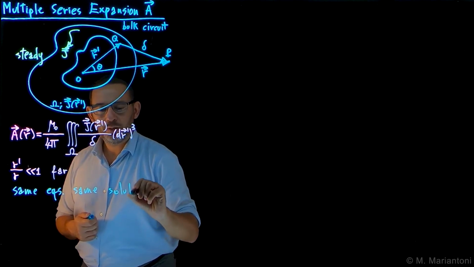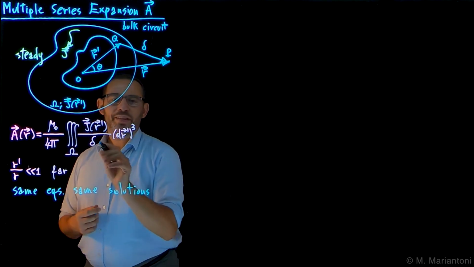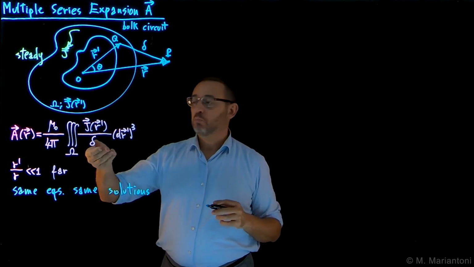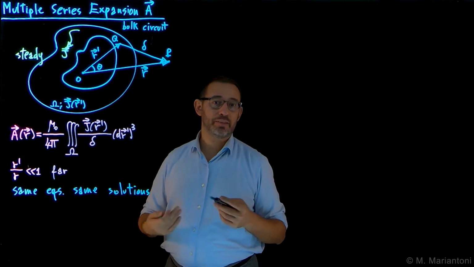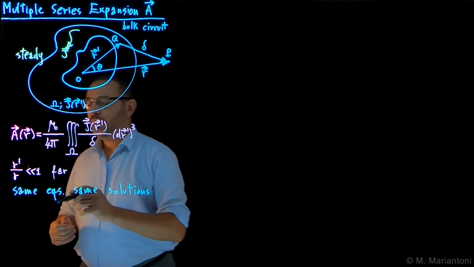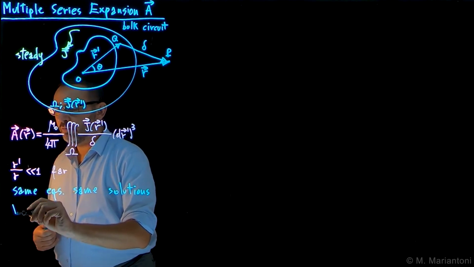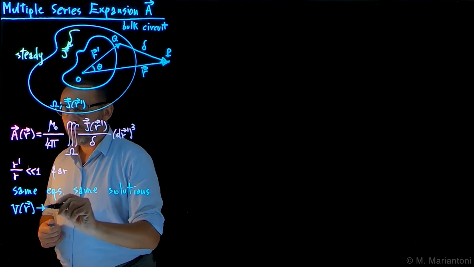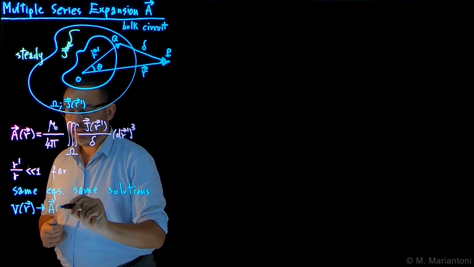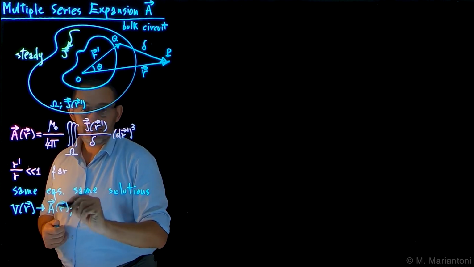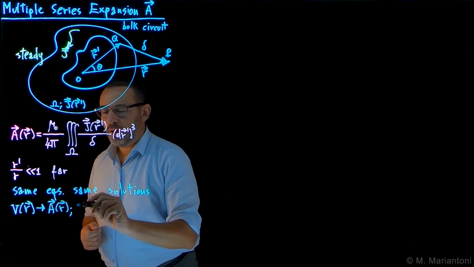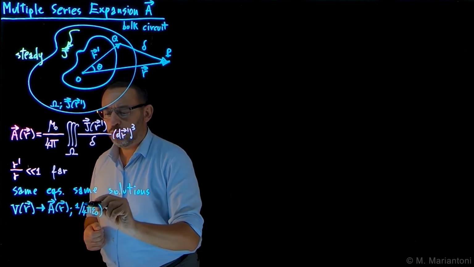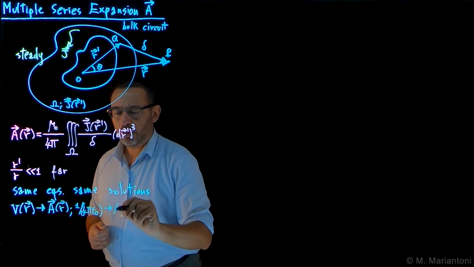So what is the mapping we are going to do? We already encountered something like this, but component by component for V. It was exactly the same kind of shape. So the series is going to be the same series. And so what we used to call V at an observation point R, we're going to map into capital A vector at R. Similarly, 1 over 4 pi epsilon naught, we map as always to mu naught over 4 pi.